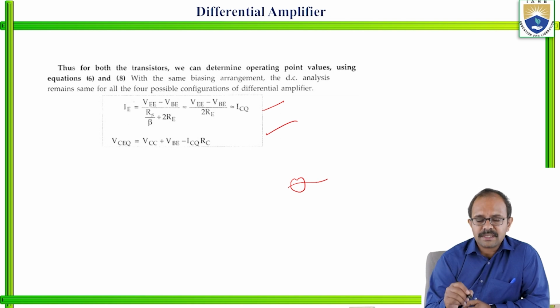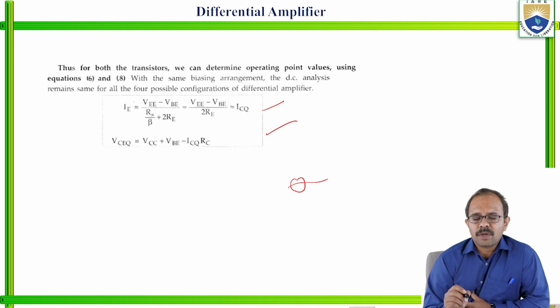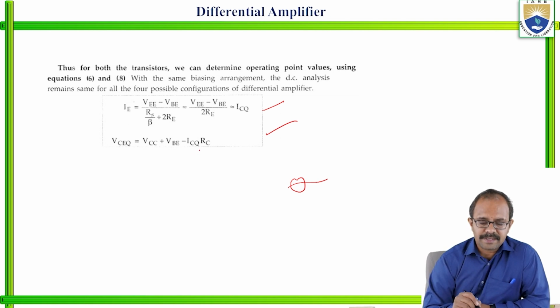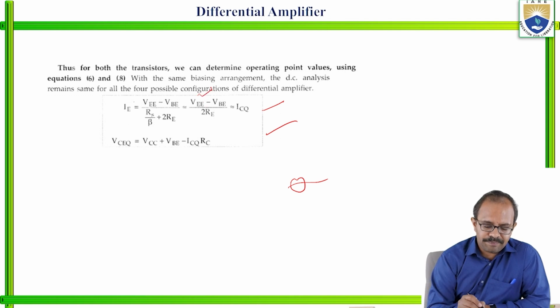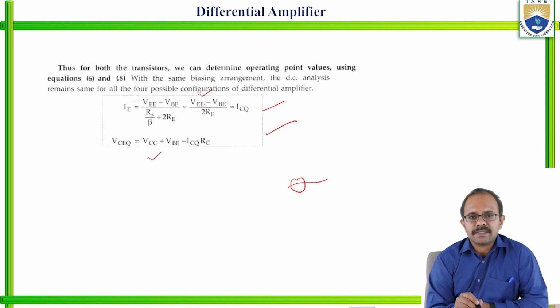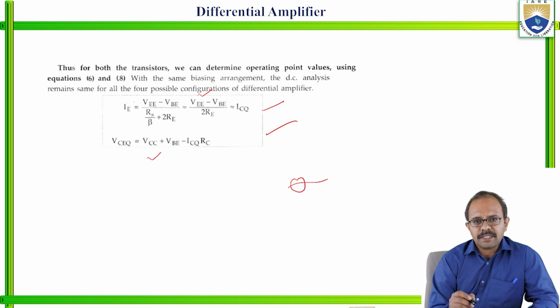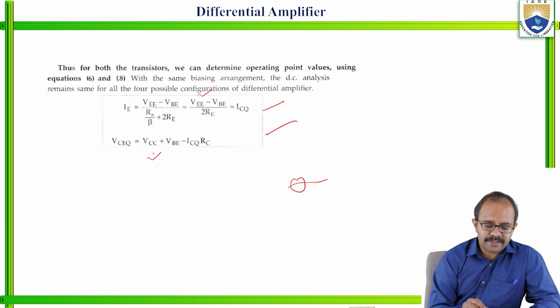Using this DC analysis, we are able to find the expressions for the Q point, that is VCEQ and ICQ. These two expressions are represented in terms of the biasing voltages. In the expression, if you observe, there is VEE as well as VCC. Both are biasing voltages. VEE is the biasing voltage provided to the emitter terminals of the two transistors, and VCC is the biasing voltage provided to the collector terminals of the two transistors.